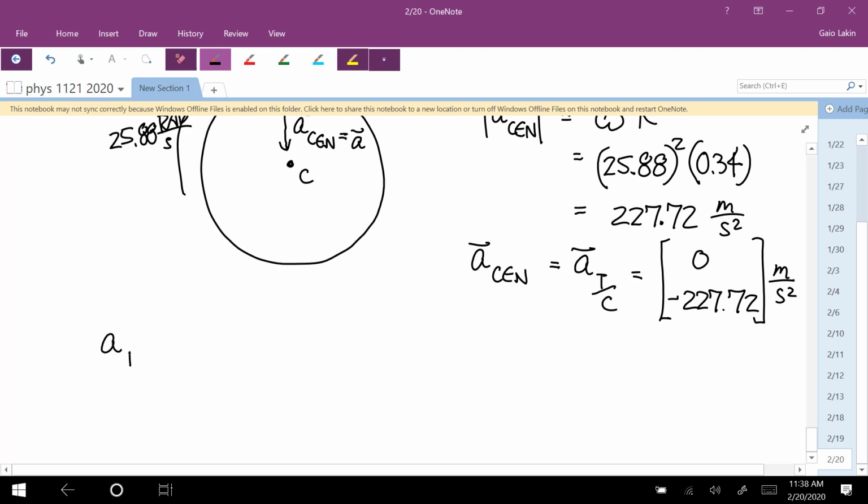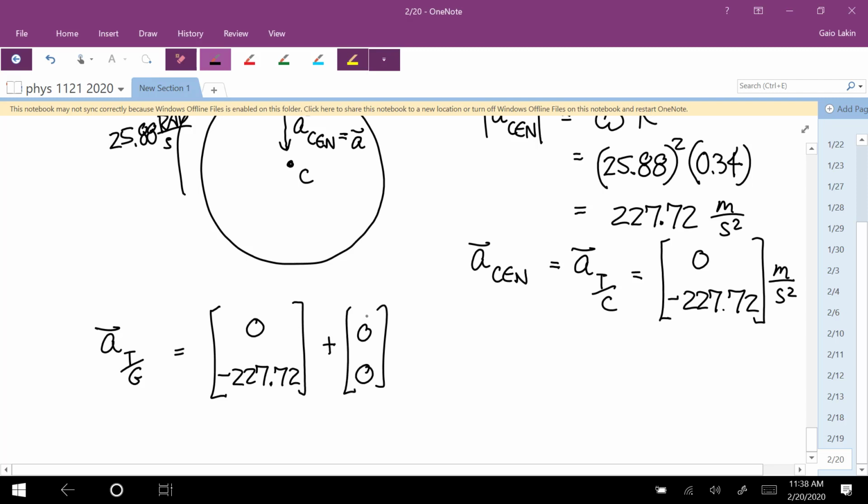The acceleration of t relative to the ground is equal to 0, negative 227.72 plus 0. So 0, negative 227.72 meters per second squared.